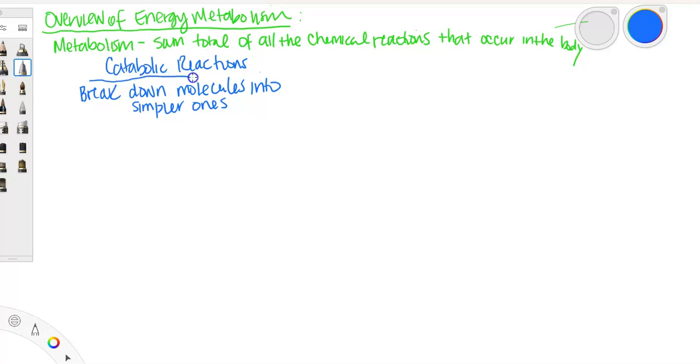So that's catabolic reactions. If they're ones that break down, then there are ones that build up.